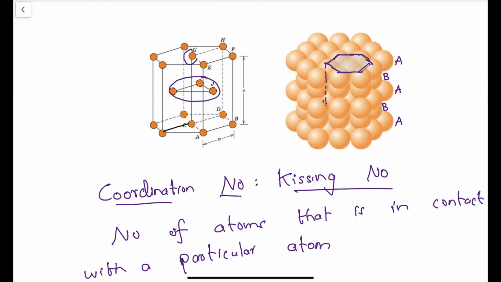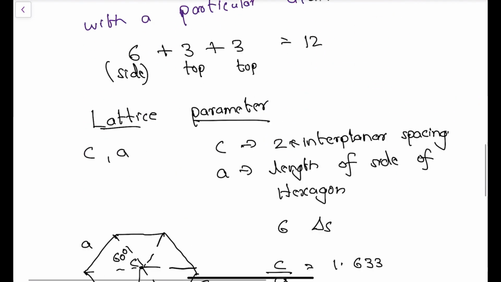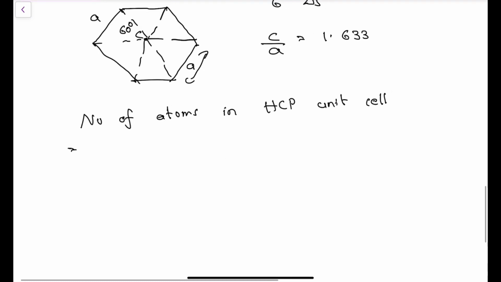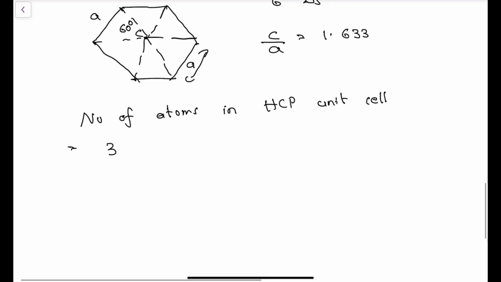And these atoms, you can see that this is shared between two units. And this atom is also shared between two units. And these atoms, okay, these are shared by six units. So that means there are three atoms which are not shared at all, plus two atoms which are shared by two units.